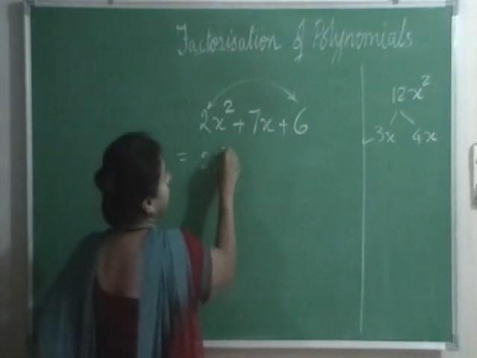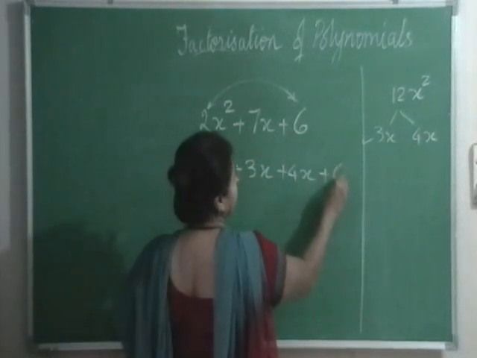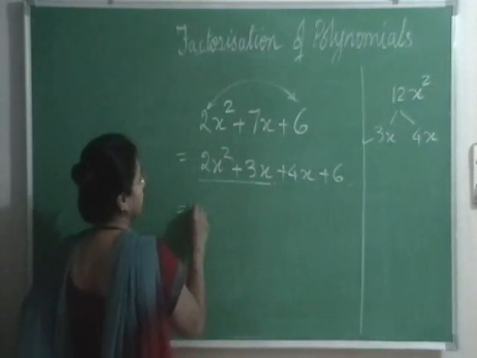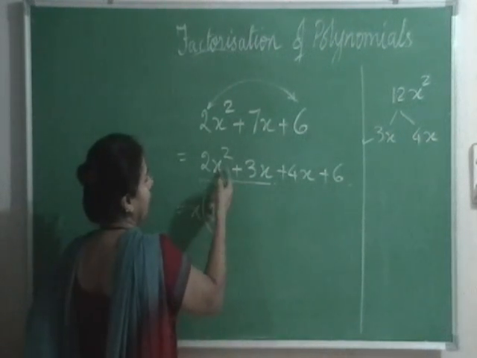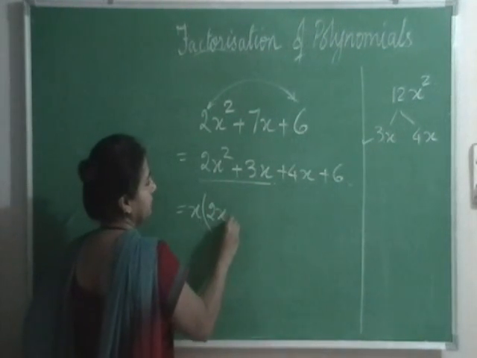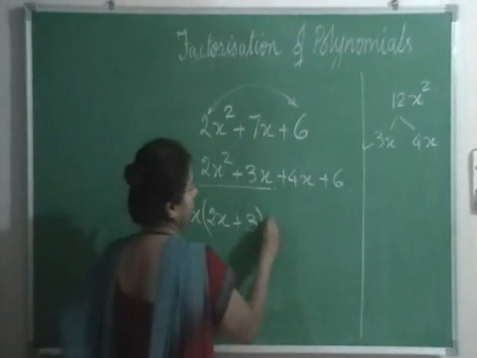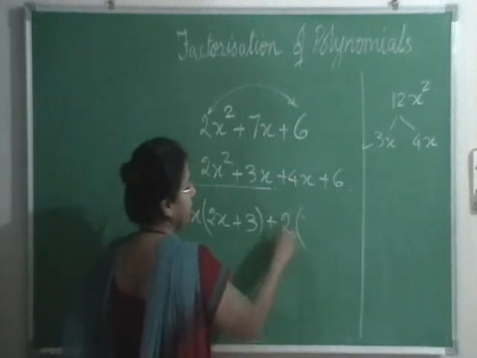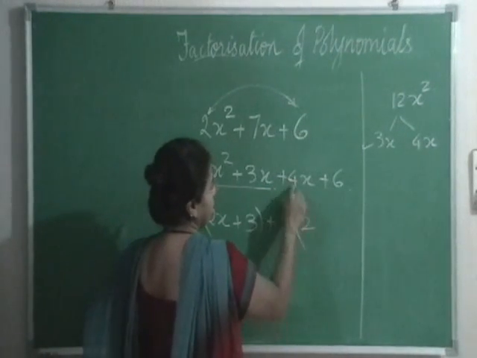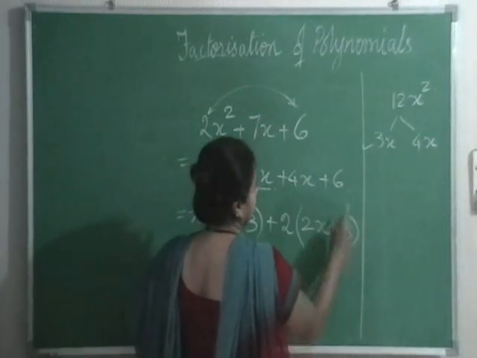partnership. 2x square plus 3x plus 4x plus 6. Common over here is x, and inside you can write 2x plus 3. Here you will see the common term is 2, and inside you can write x plus 2, since 2 3s are 6.